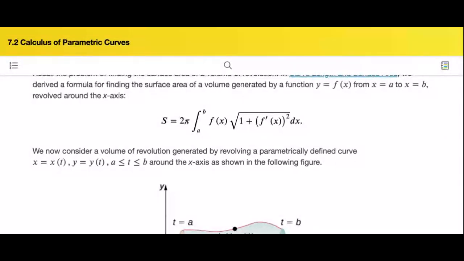Then you see here, inside the square root, you can change 1 to be dx squared over dx squared. So you have dx squared plus dy squared over dx squared. What's the square root of 1 over dx squared? That's just 1 over dx, so dx over dx becomes 1, and you have dt.